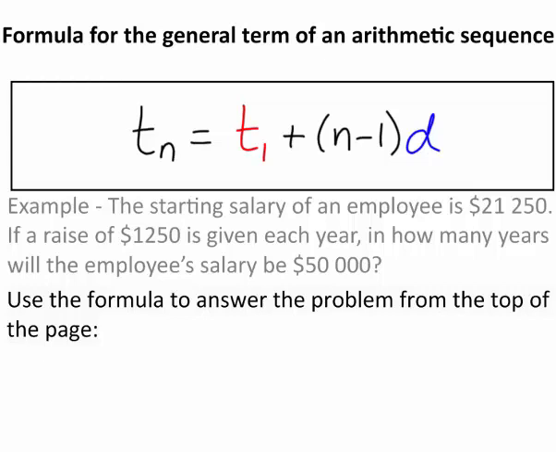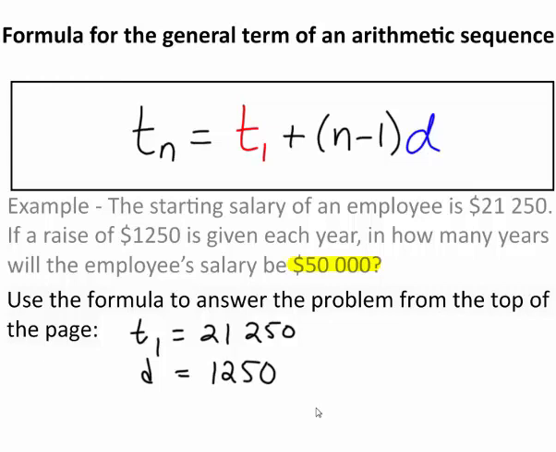So we have our example, and we're going to answer the question, which was, in how many years will the employee's salary be $50,000? So we have to try to figure out what this $50,000 actually represents. And for us, we know what the T1 is. We decided that T1 was equal to 21,250. We know that the D, the common difference, is 1,250.